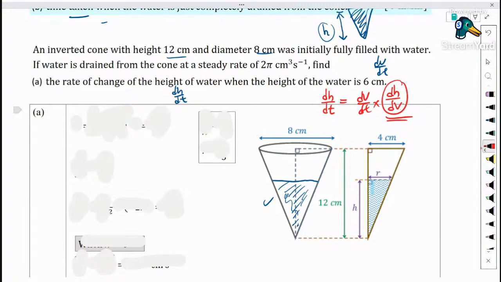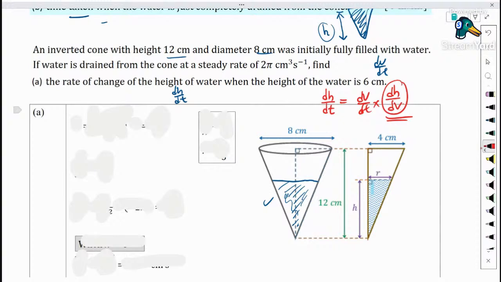And what is V? The volume of the water inside the cone. H is the height of the water in the cone. So to get this equation dealing with V and H, we can consider the volume of the water in the cone by using the cone formula. As you can see, when the water is filled inside the cone, it has a cone shape.